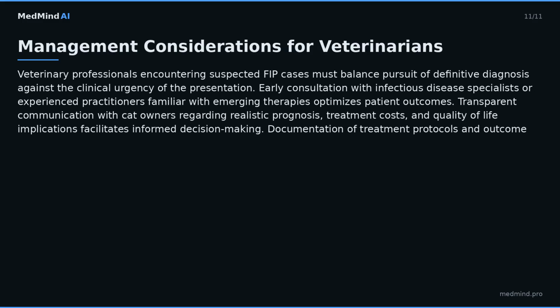Management considerations for veterinarians. Veterinary professionals encountering suspected FIP cases must balance pursuit of definitive diagnosis against the clinical urgency of the presentation. Early consultation with infectious disease specialists or experienced practitioners familiar with emerging therapies optimizes patient outcomes. Transparent communication with cat owners regarding realistic prognosis, treatment costs, and quality of life implications facilitates informed decision-making.